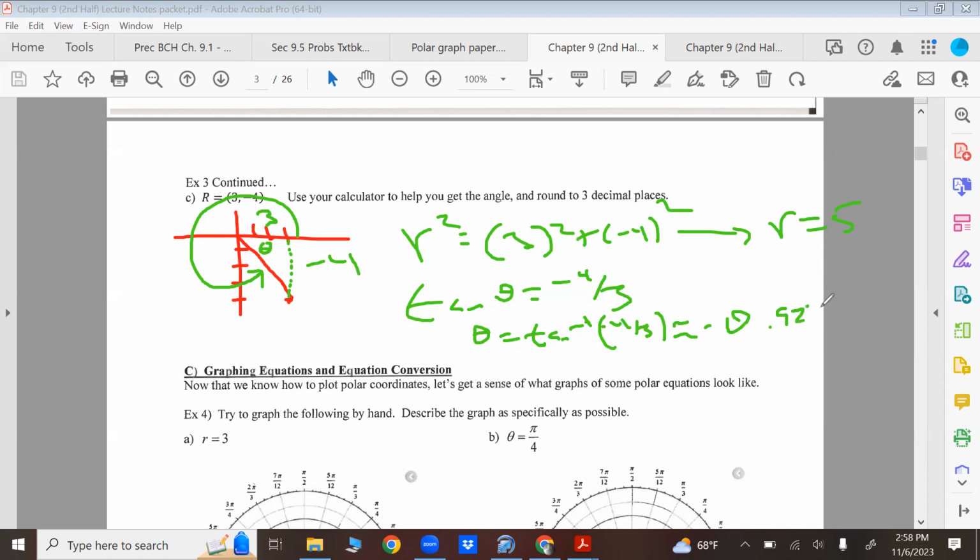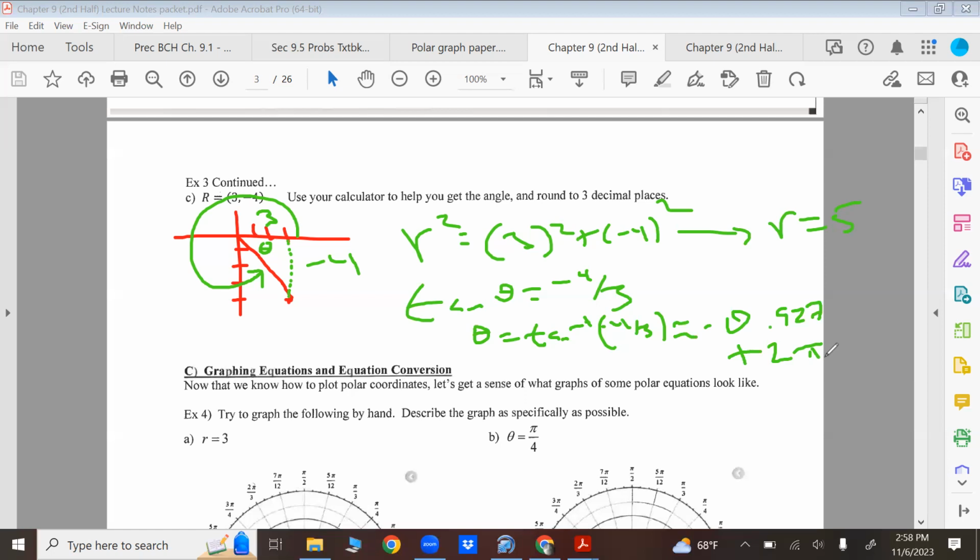You can add pi. Well, actually, no, you're going to add 2 pi. Can't you add pi if it's tangent? No, the location is quadrant 4 here, negative quadrant 4. Generally you don't want R to be negative.